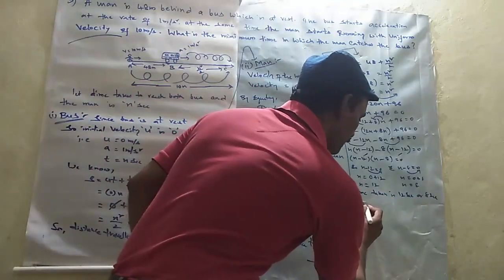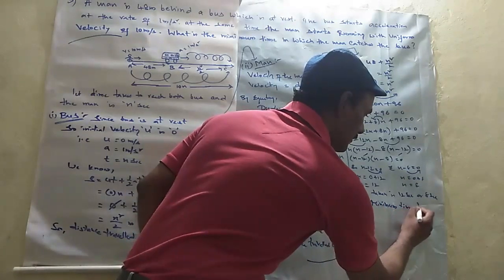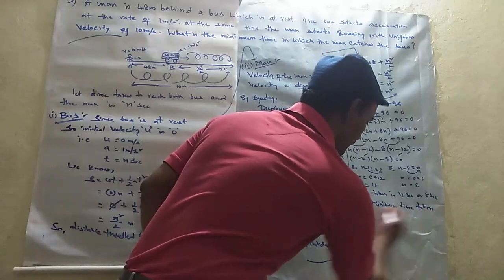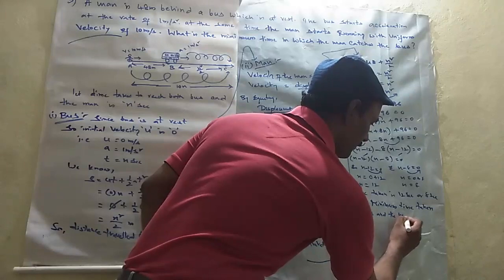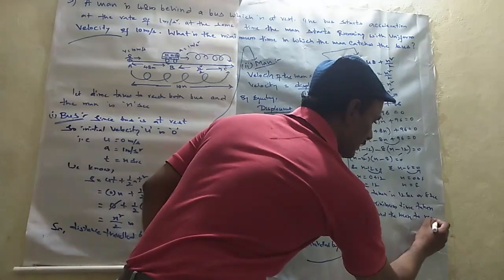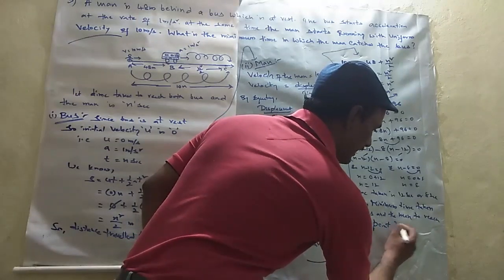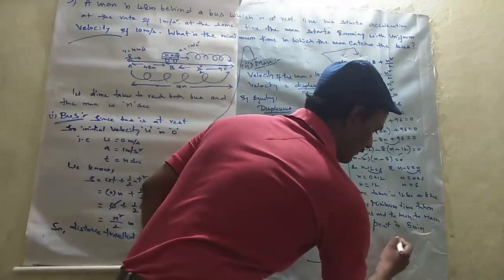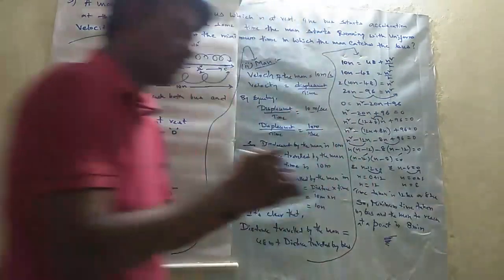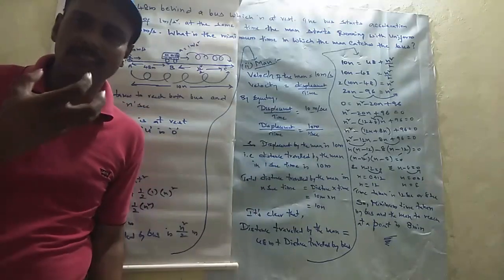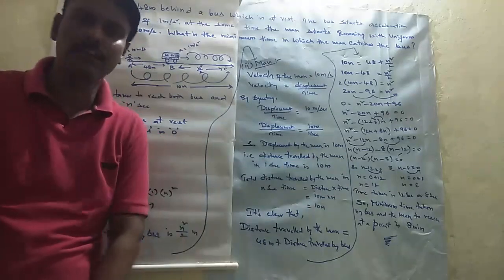So minimum time taken by the bus and the man to reach a point is 8 minutes. That's all. He asked how much time it takes to reach a point by those two objects. I found that as 8 minutes.